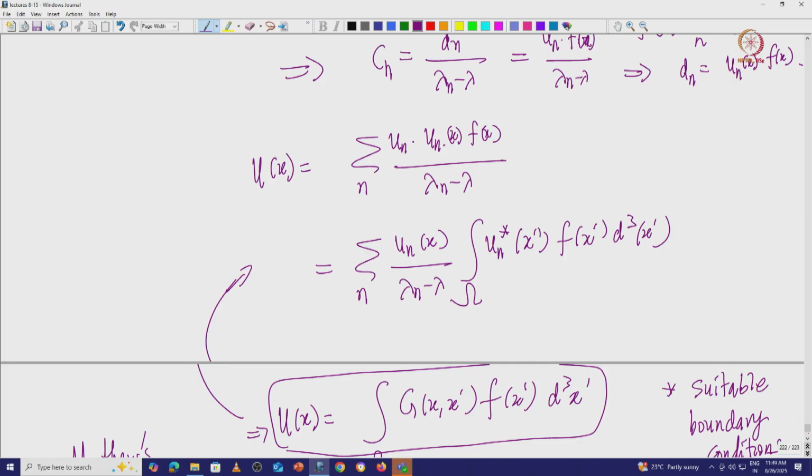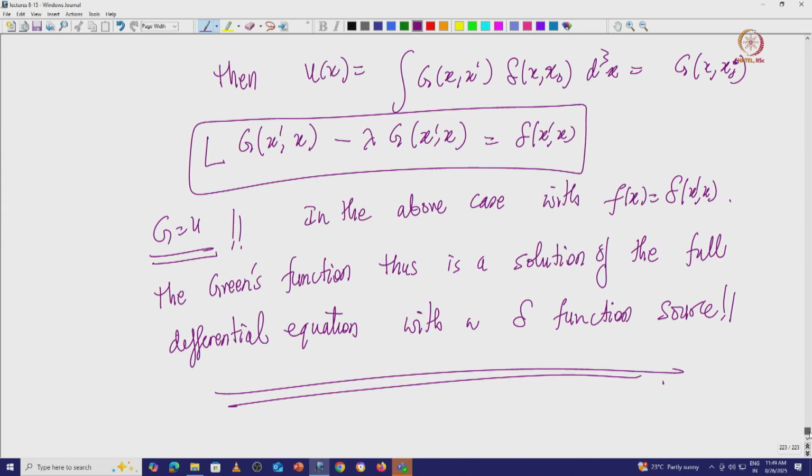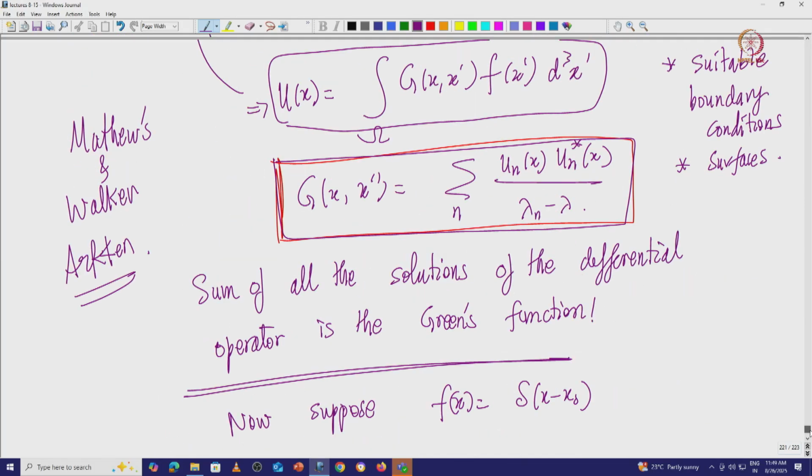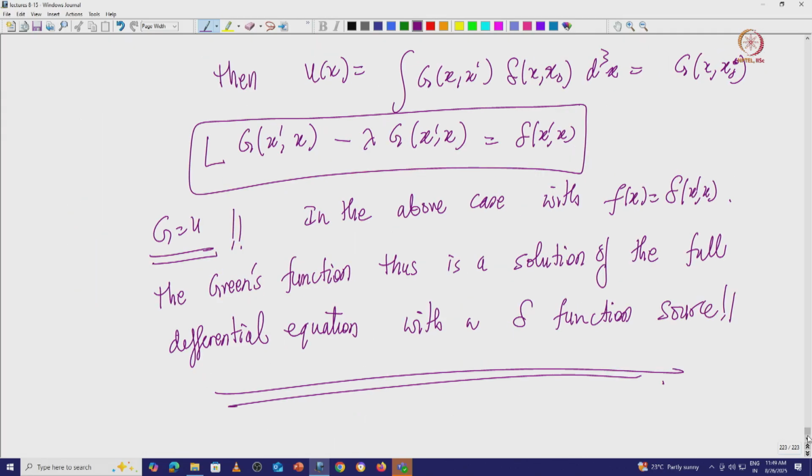Okay, under suitable boundary conditions and so on, assuming all of that essentially. So the moment f of x just becomes delta of x, the solution of the wave equation just becomes the Green's function.